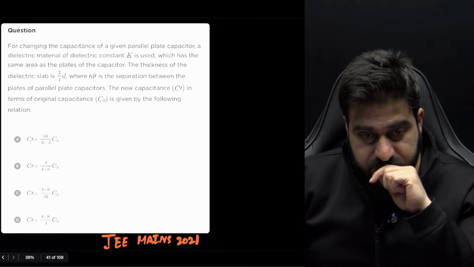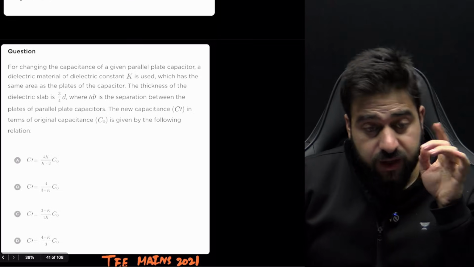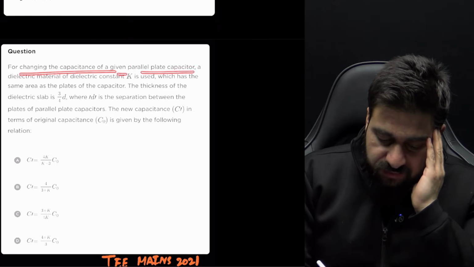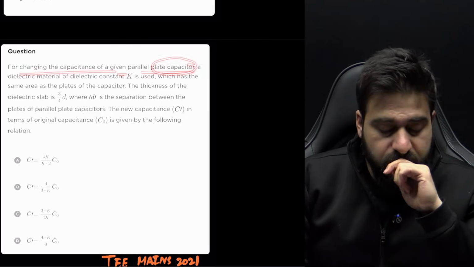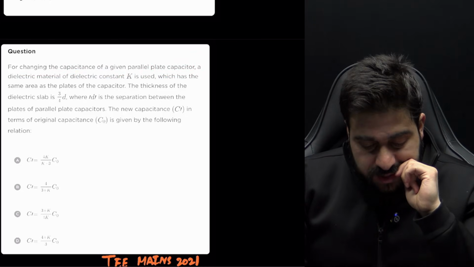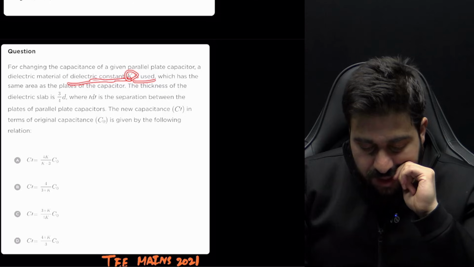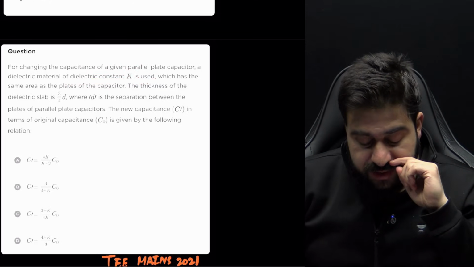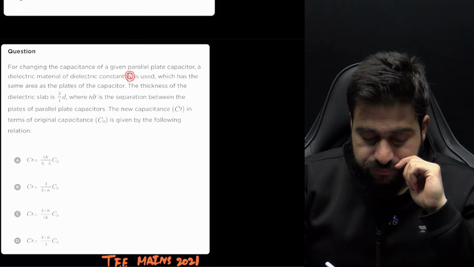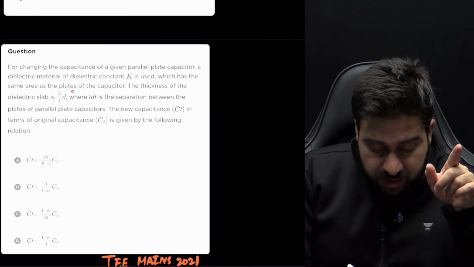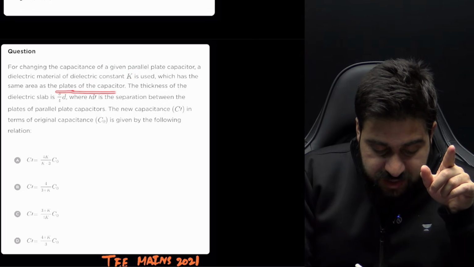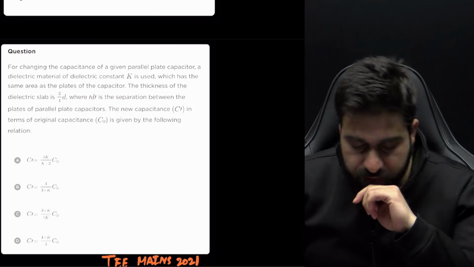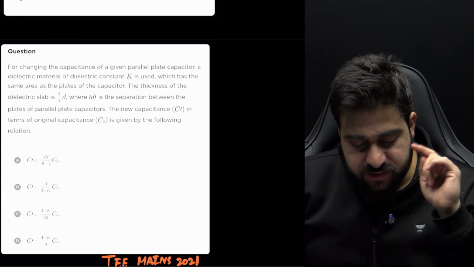Read the question very carefully. For changing the capacitance of a given parallel plate capacitor, a dielectric material of dielectric constant K is used, which has the same area as the plates of the capacitor. The thickness of the slab is 3D by 4.